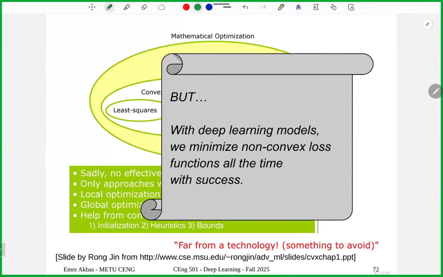This is coming from practice, actually. If you only look at theory, you wouldn't even dare to optimize deep neural network loss functions. But in practice, it works really well because of things like the double descent phenomenon. Those solvers have some properties which make the optimization work. And also, as I said, it's lots of trial and error and years of experience.